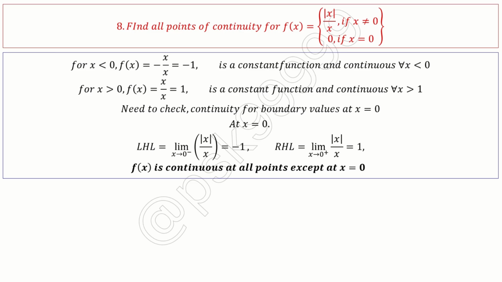At x equal to 0, LHL is x tends to 0 minus, which is absolute x by x. Absolute x will become minus x, so it is minus 1. RHL is absolute x by x, where absolute x is nothing but x, because x is 0 plus. So this is 1. So LHL is not equal to RHL, so it is continuous at all points except at x equal to 0.